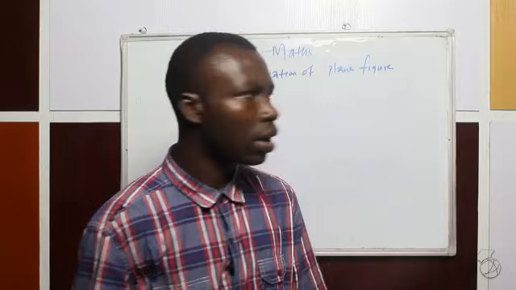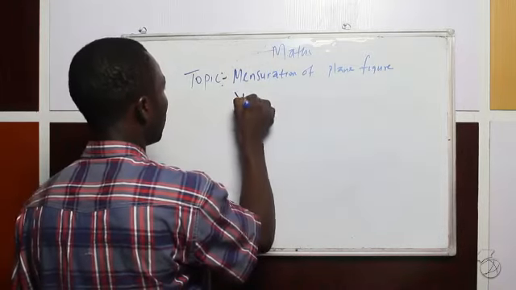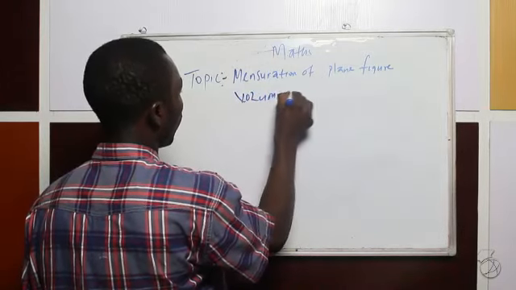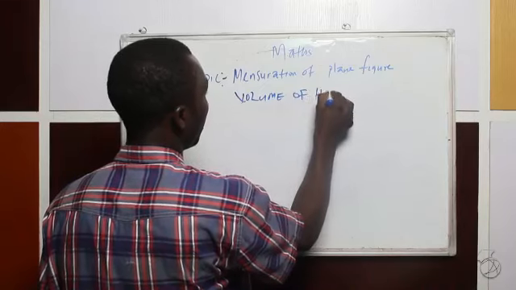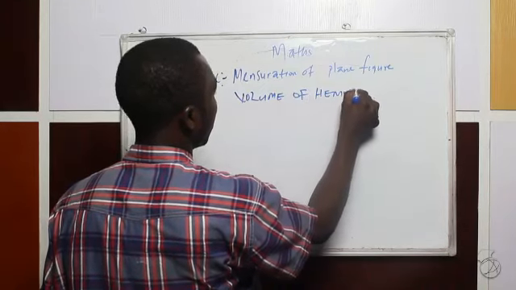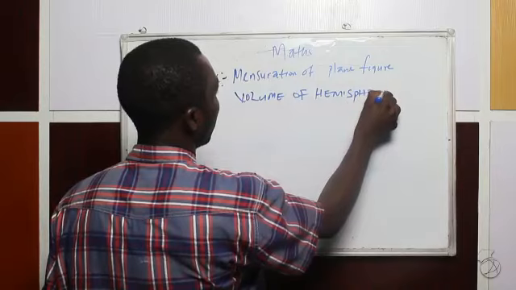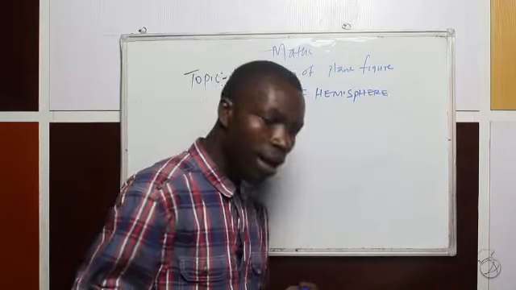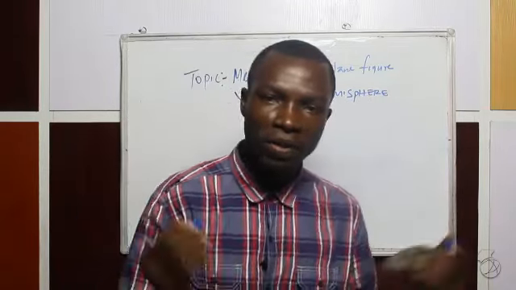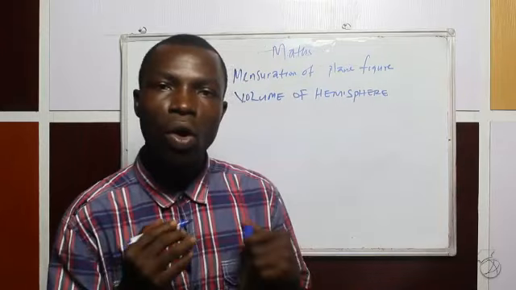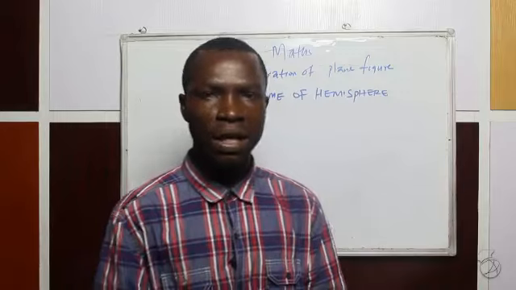Good. I want us to consider the volume of a hemisphere. A hemisphere is different from a sphere. The volume occupied by a hemisphere is different from the volume occupied by a sphere.